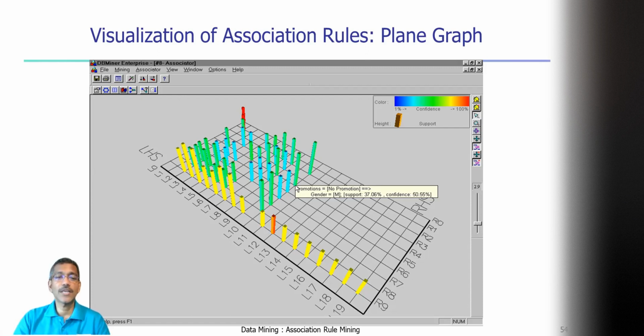Let me very quickly ask you a question. In your opinion, what would you consider as one of the best associations from this visualization? Can you very quickly post it on the chat? Hopefully you can see this clearly. Let me give you about 1 minute.